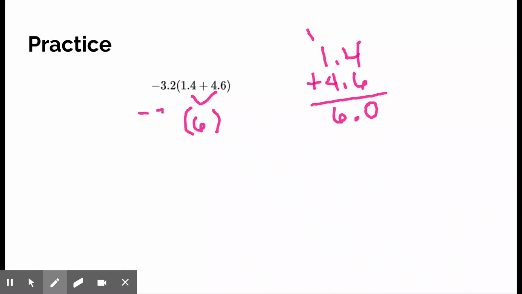And we got negative 3.2. And when you multiply a decimal by another number, like I said a while ago, put the number that has the most numbers on top. So 3.2, you don't have to worry about lining up your decimals. It's just a multiplication problem. So you can even pretend that there's no decimals. 6 times 2 is 12.